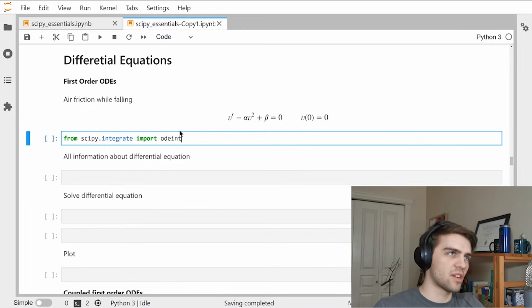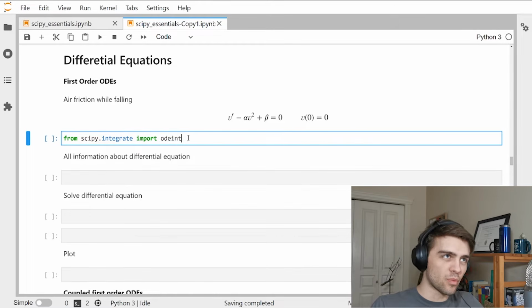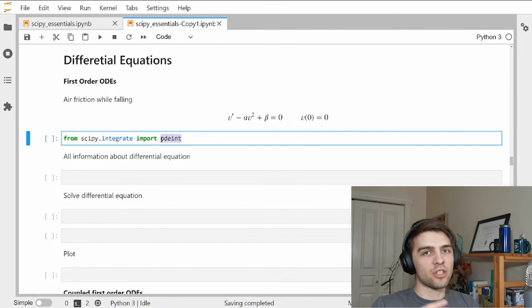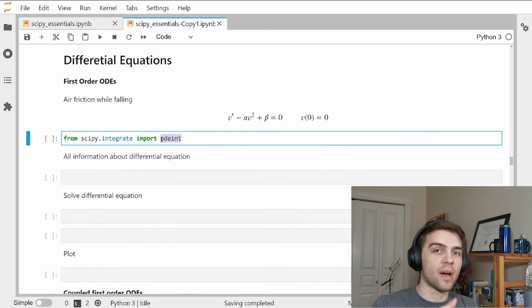And for this, there are two different differential equation solvers. There's odeint, which I'm going to use for this video. And there's also solve_ivp. And sometimes you have to use one or the other based on the nature of the problem. That has to do with looking specifically into the problem that you have at hand and seeing which one is better.